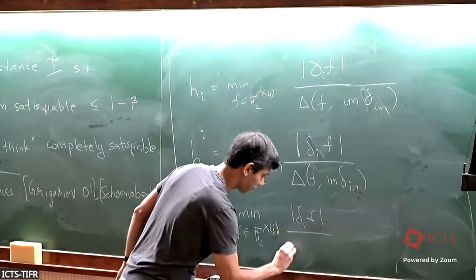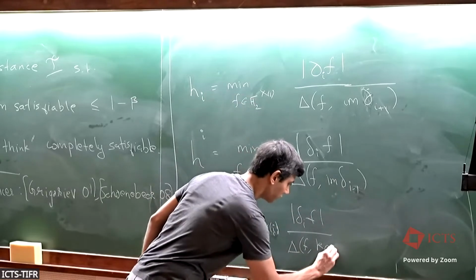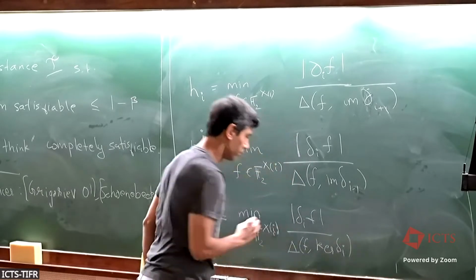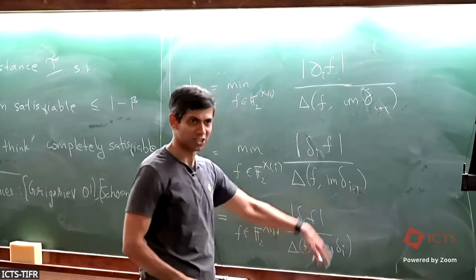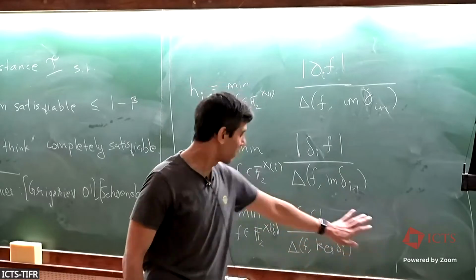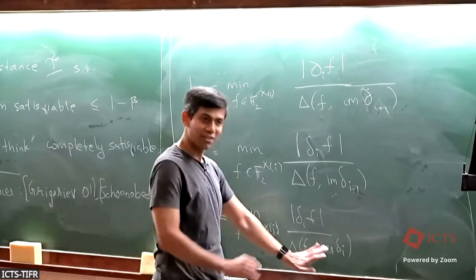I'm going to fix this problem almost by definition, so I'm just going to say distance from the kernel. This image is in the kernel, but there could be other stuff, so I'm just going to take a distance from that. Okay, good. Now this definition makes sense.